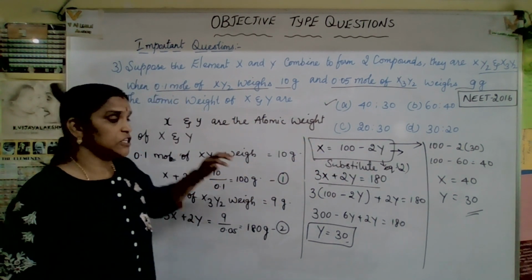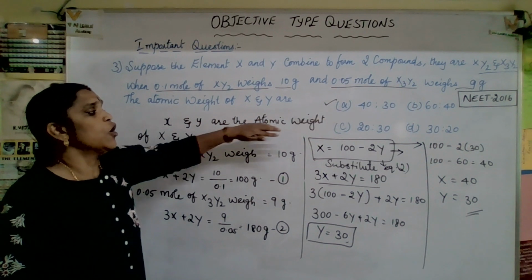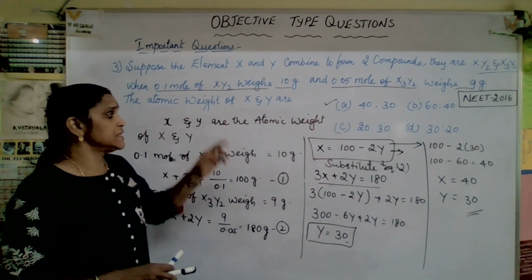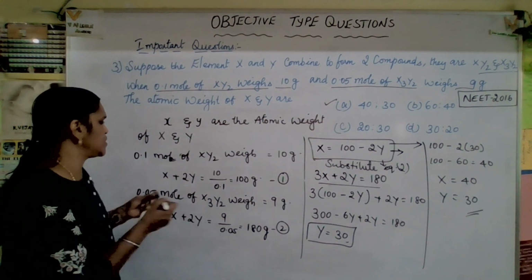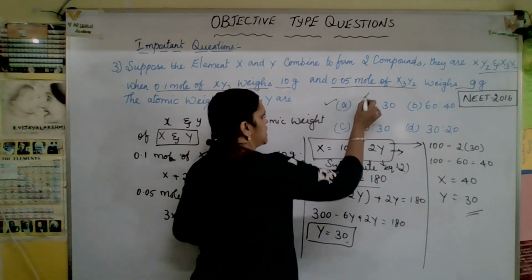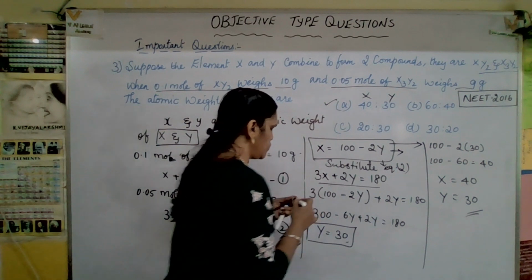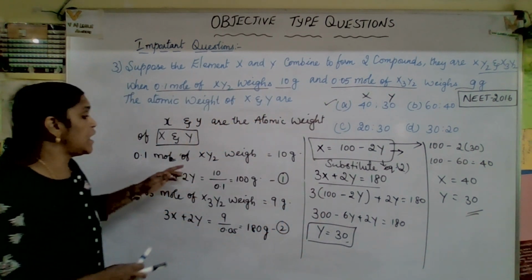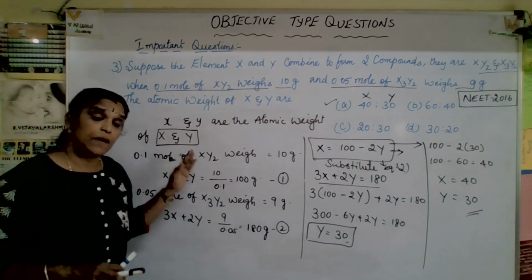Small trick only. So the atomic weight of A and B, that is X and Y. Here they mentioned X and Y, not A and B. So this is X and this is Y. First and foremost, they have already given the number of moles.